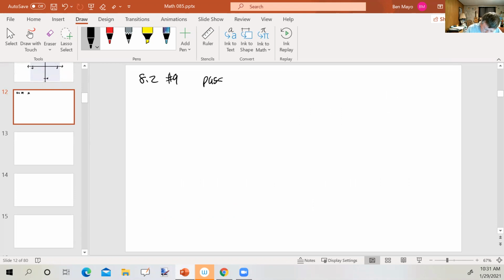It passes through the point (12, 0), and it's perpendicular to the graph of g of x equals 4x plus 5.